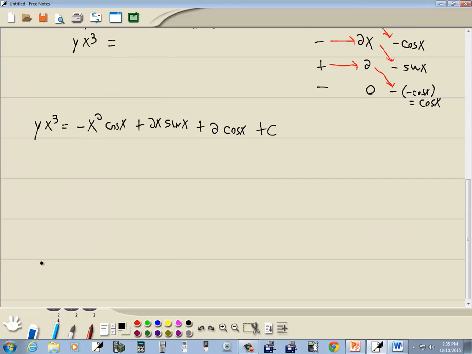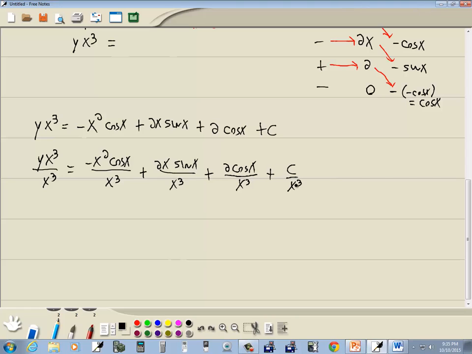Now we need to solve for y, so we're going to divide everything by x to the third. Okay, so that gives us y.